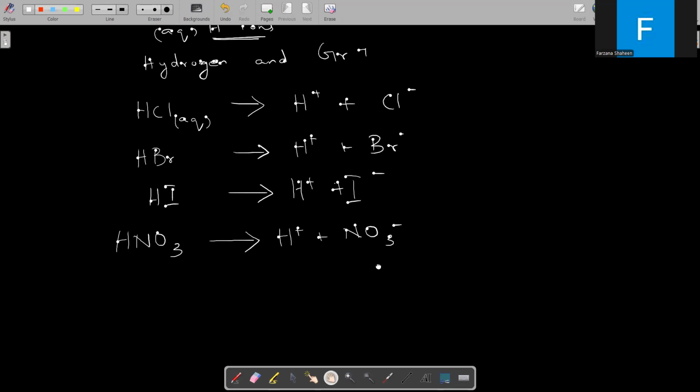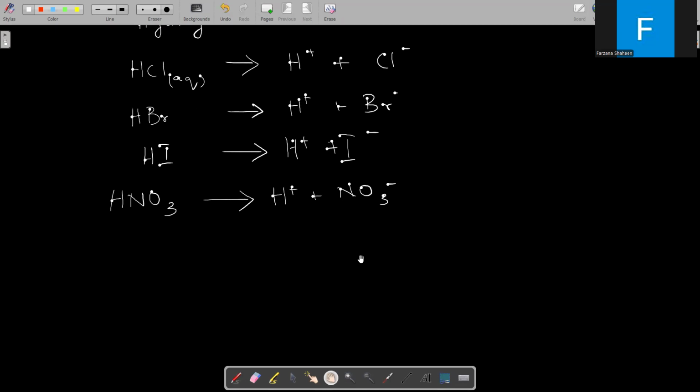Ionize means they become separated into ions. So here you see the acid gets separated into ions. In this chapter, we are not concerned about chloride, bromide, iodide, or nitrate ions. We are not concerned about these anions. We are concerned about hydrogen ions.